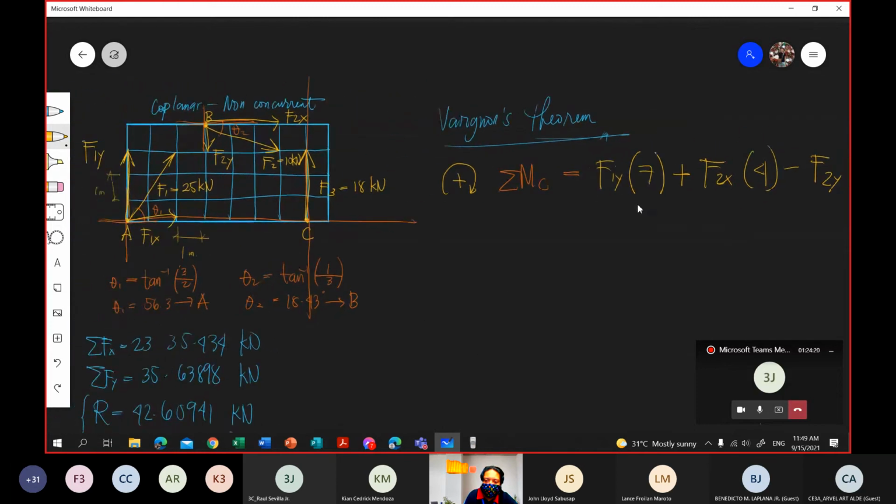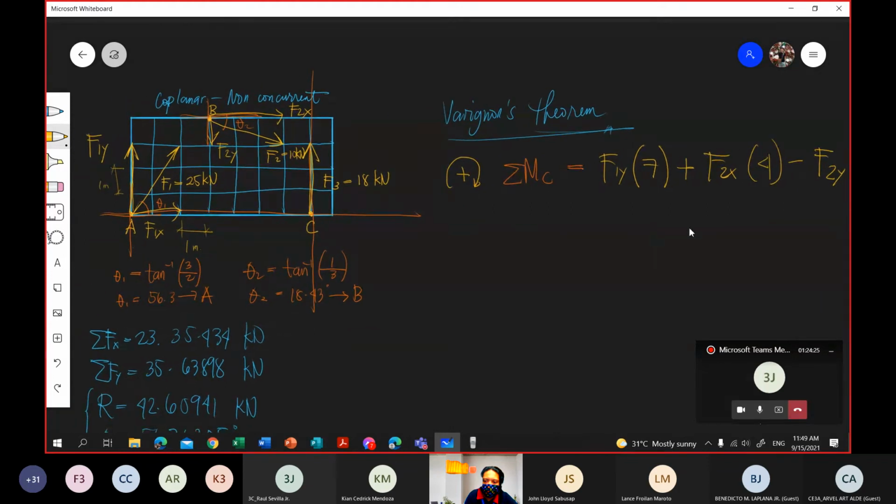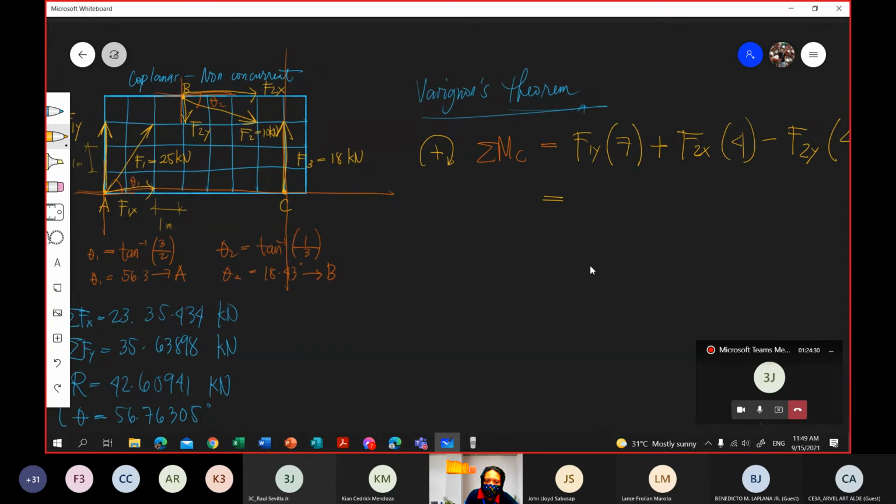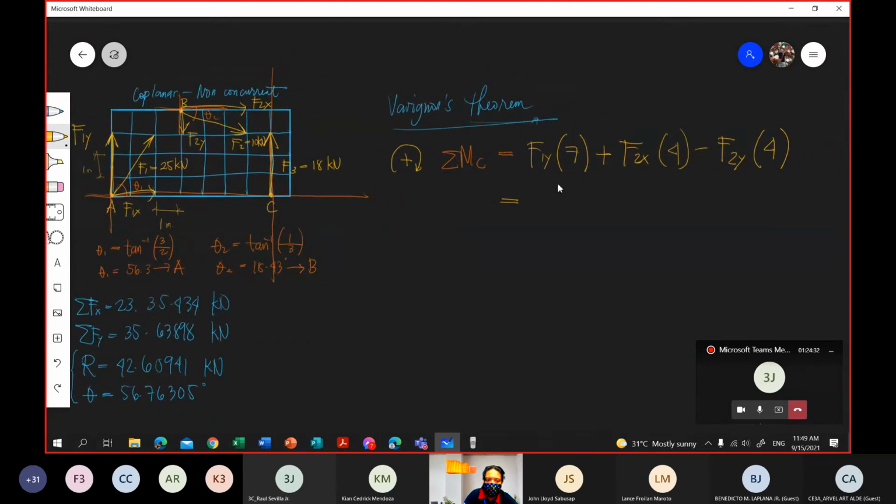Okay. So let's now identify the magnitude of F1y, F2x, and F2y. F1y, you cannot use the complex mode here because we have moments. F1y is 25 cosine theta, which is 53 point. I will store this, so A will be used. Plus, oops, not yet. Cosine A multiplied by 7.